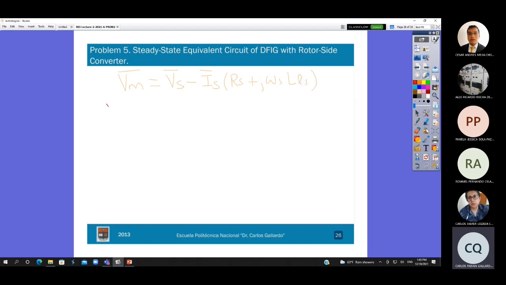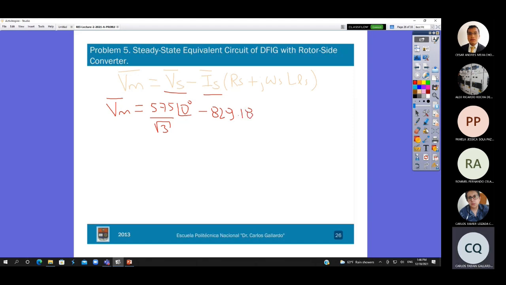So the magnetizing voltage is equal to, this is per phase, right? So I will have the line to neutral voltage, 557 over the square root of 3. And this is the reference, that is the reason I have 0 degrees. We have already computed in the previous question the stator current, 829.18.